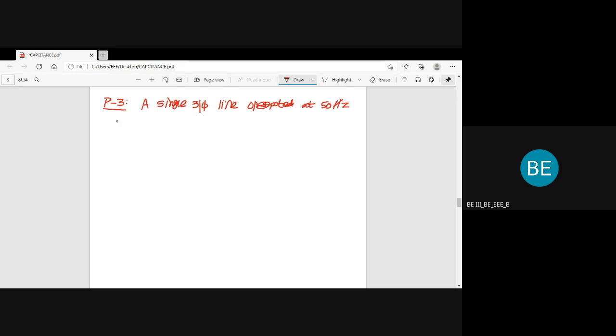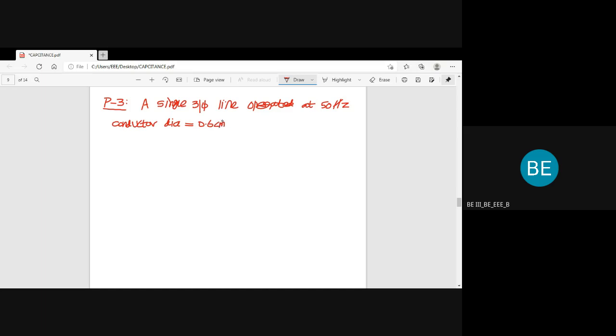The conductor diameter I am considering is 0.6 centimeter.